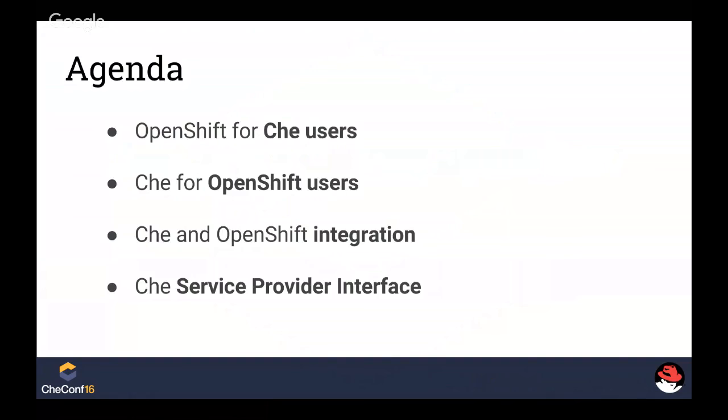Once we have made it clear that it's interesting to have Che and OpenShift working together, we're going to see how they can work together. We'll finish the talk with a presentation of our current work, precisely the service provider interface. We're going to see what it is and why it's helpful and why Red Hat is interested in contributing with Codenvy on that service provider interface.